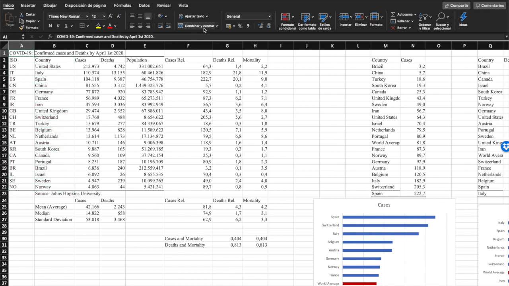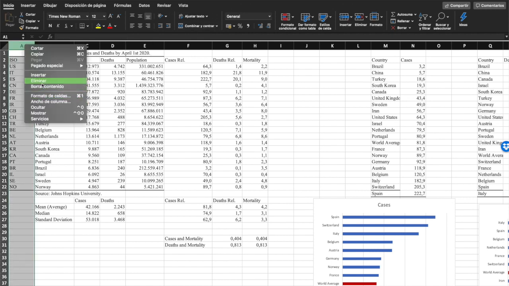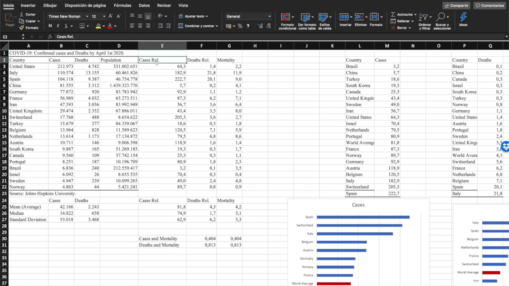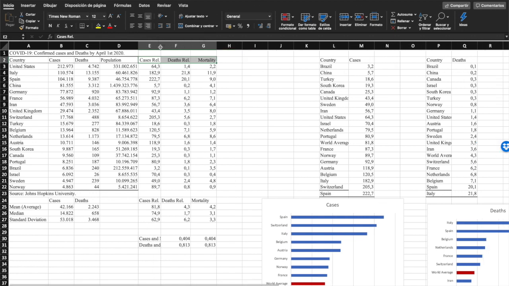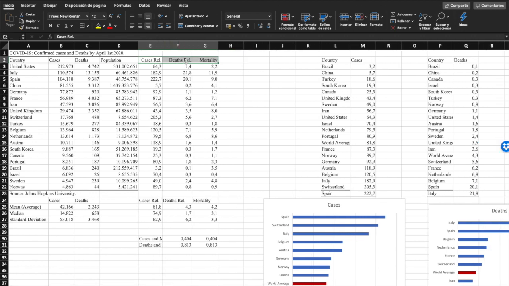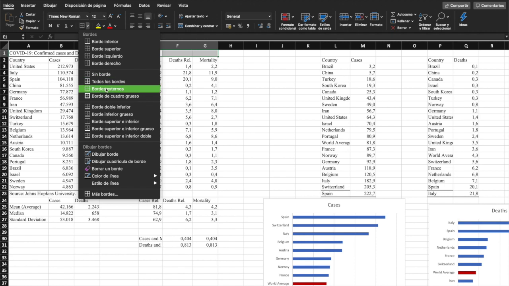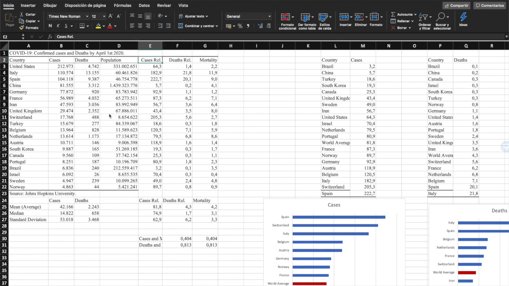I will eliminate the first ISO column. I will follow some rules here. Format everything like it was in the original table.